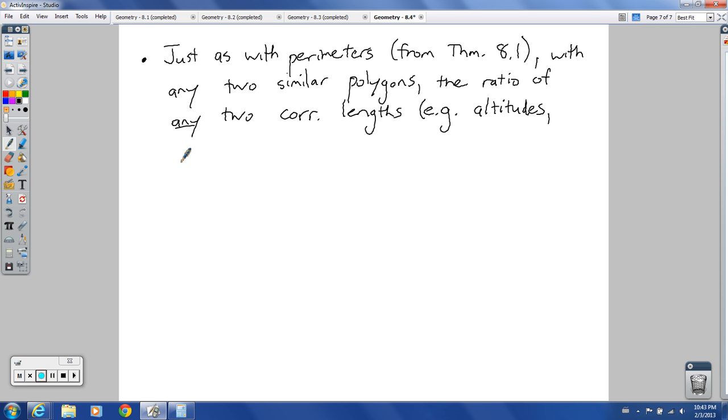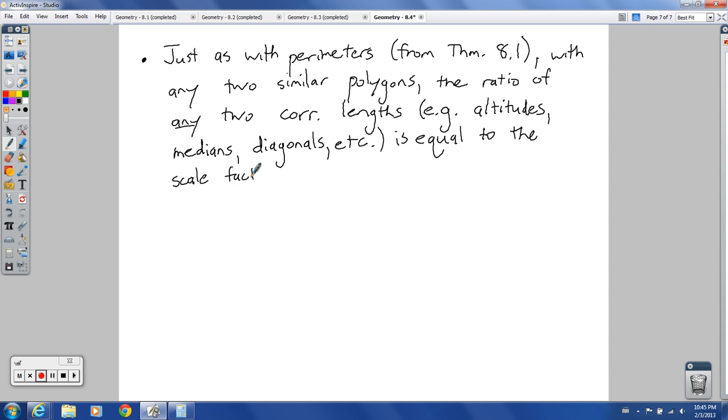Altitudes, medians, those things connecting the midpoint from one side to the opposite vertex, the medians, diagonals, etc. is equal to the scale factor of the polygons.